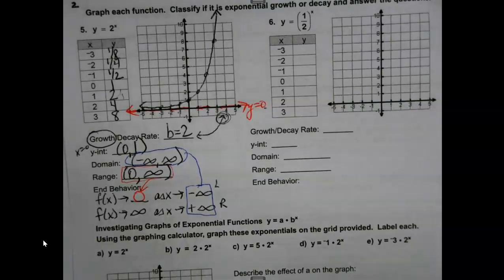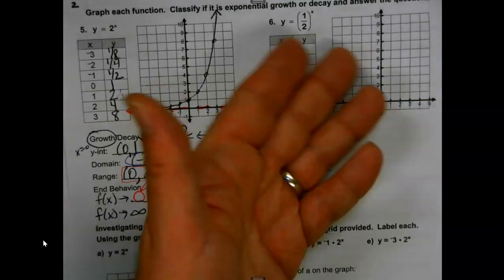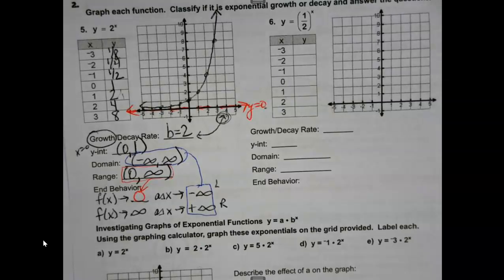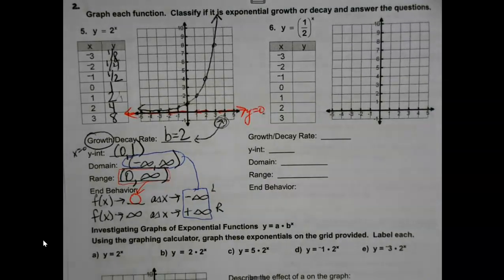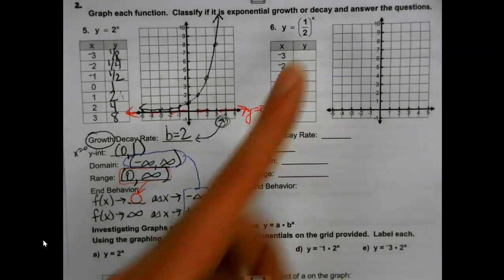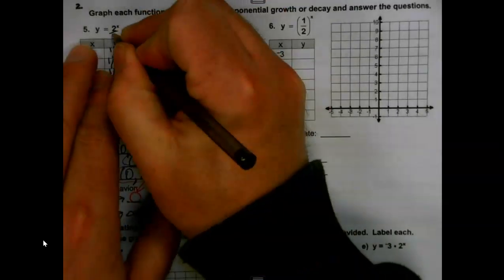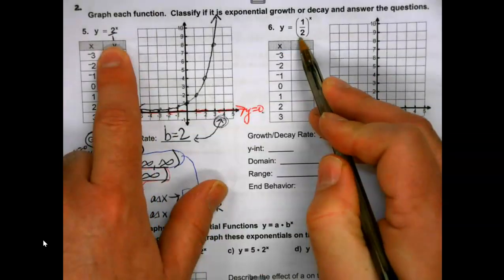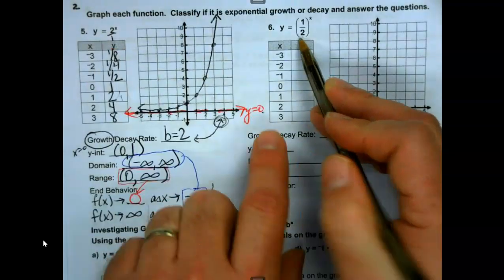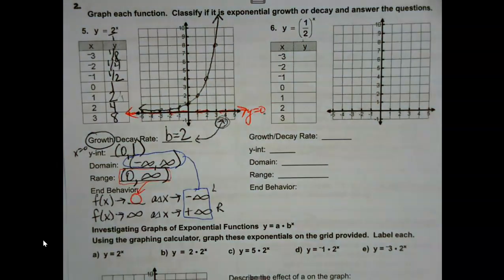And so anytime you're doing a base function like these, that's all you're doing. So for instance, let's play another pattern game. Could I put this in my calculator? I could. I'm not going to, though, because 1/2 is just 2 flipped over, right? So if that's true, these are all just going to be opposites.